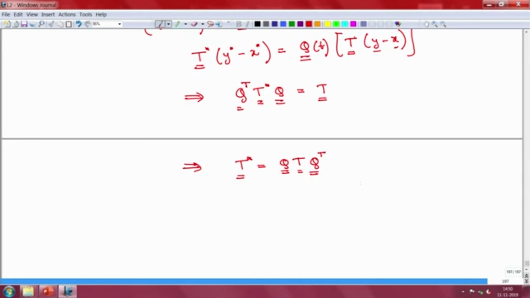And we are going to use this as a rule. So, we are going to use this to make our rule.